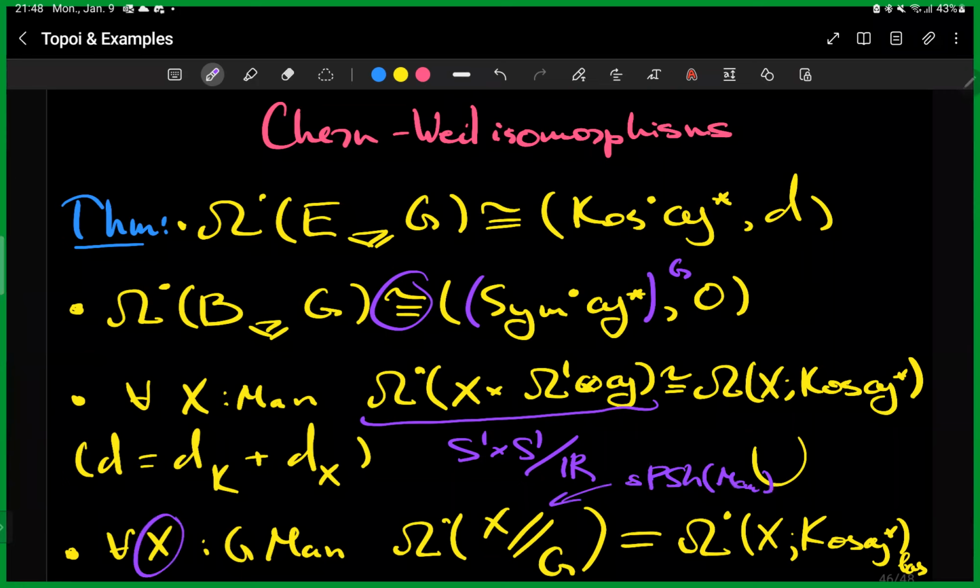The construction you described, there is another construction in equivariant topology, the Borel construction. That's the Borel construction.